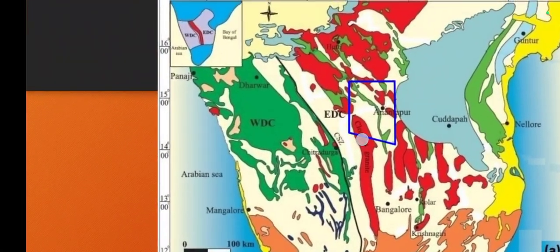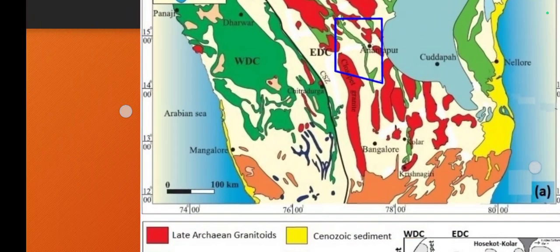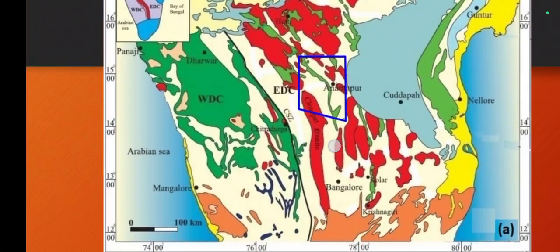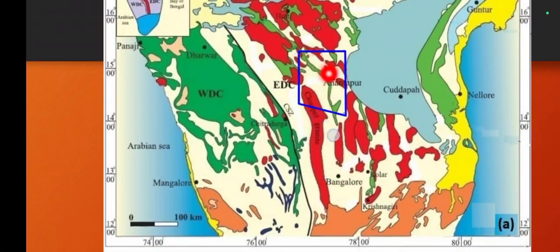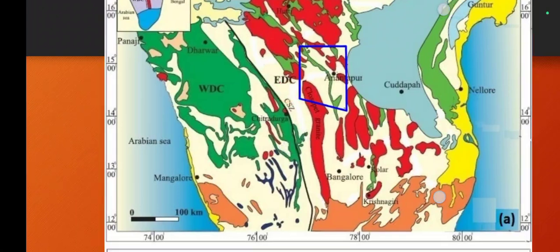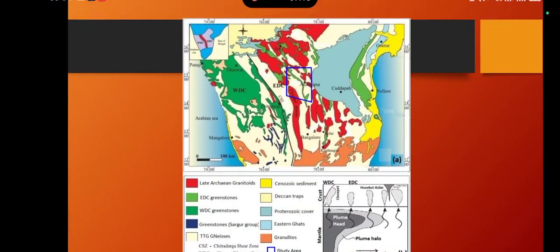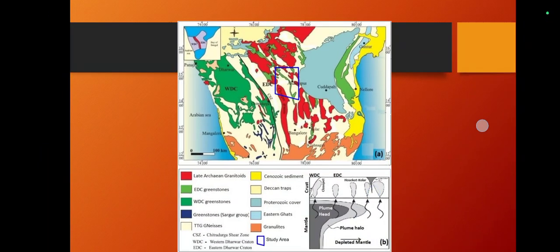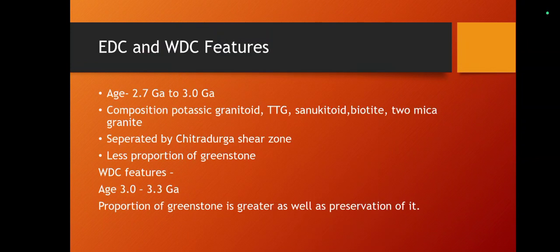So in the Eastern Dharwar Craton there is less proportion of greenstone, and in the Western Dharwar Craton there is more. The Western Dharwar Craton has more preservation and proportion of greenstone, while the Eastern Dharwar Craton has less proportion as well as preservation of greenstone. So that's all for Eastern Dharwar and Western Dharwar Craton.